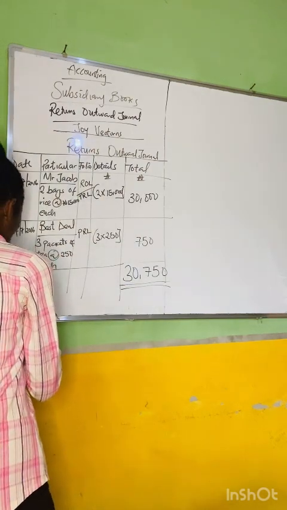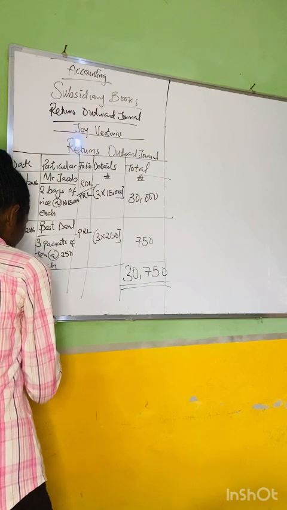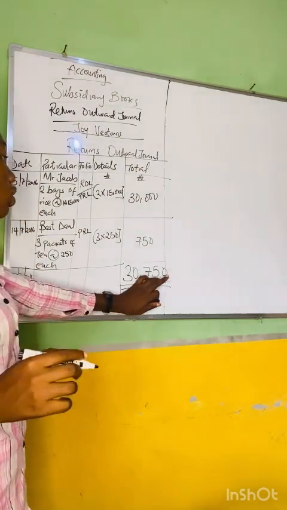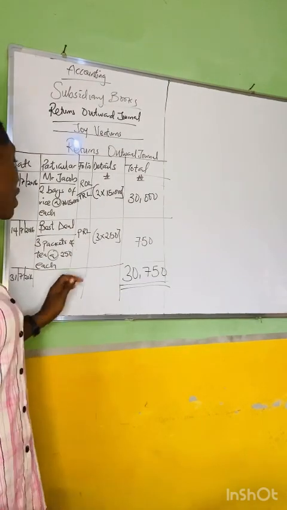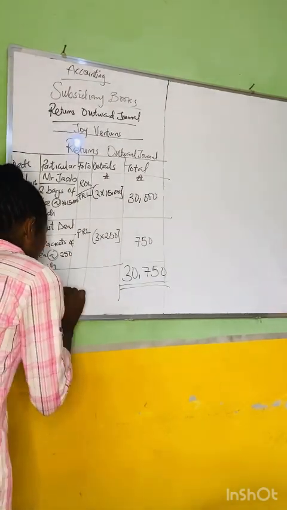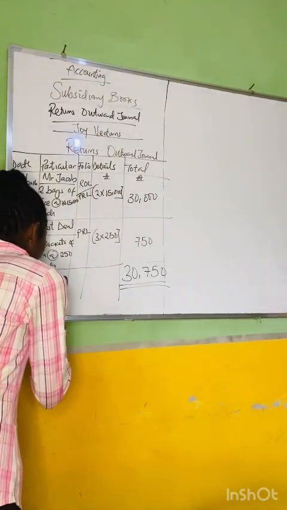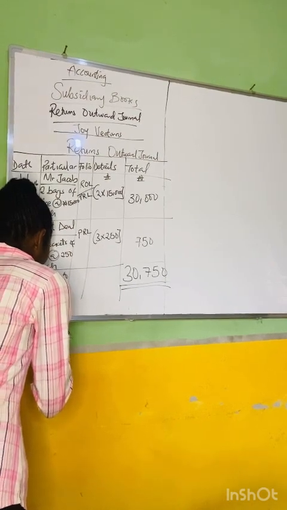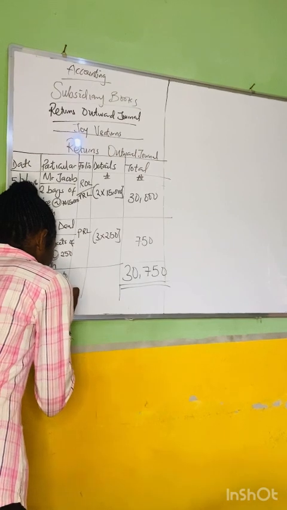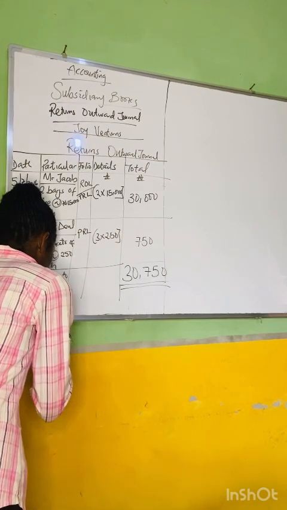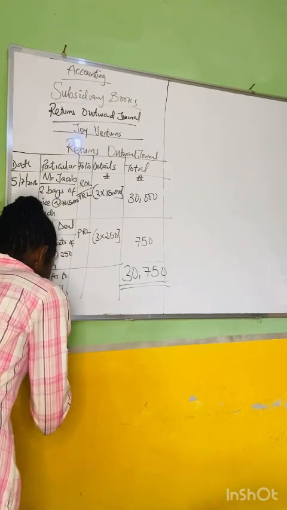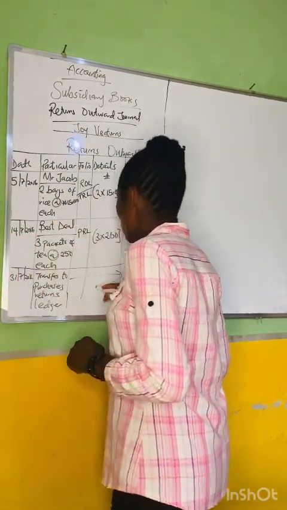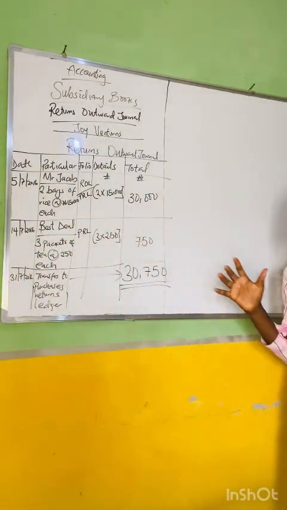At the end of the month, we have the 31st of July. So we'll be transferring this amount to our purchases returns ledger.